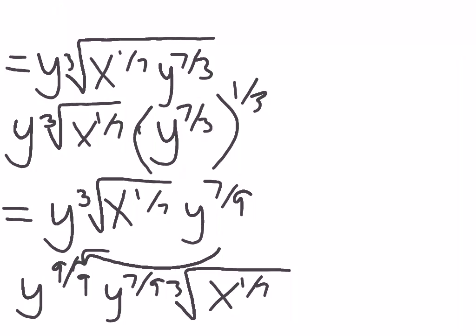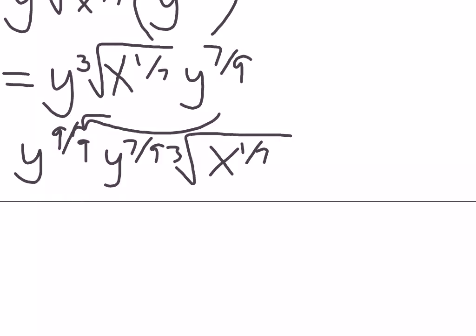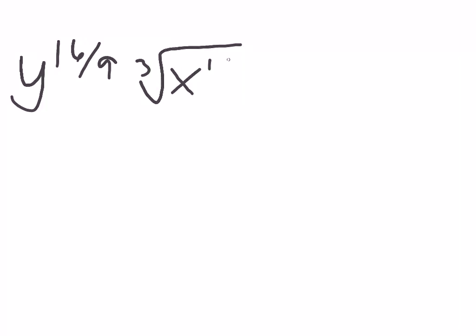Do you see how I took this y and made it 9/9, and I just brought this y over there so we could see it a little better and maybe combine those? So that's y to the 16/9 times the cubed root of x to the 1/7.